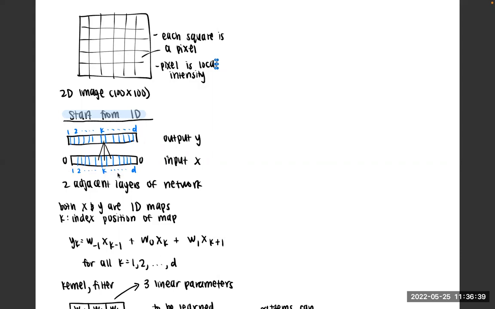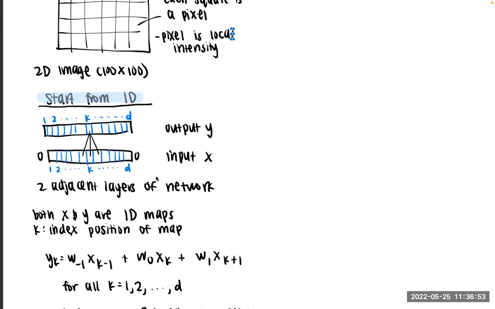Let the input be x and the output be y for this convolutional operation. Here, x and y are just two adjacent layers of the neural network, and they are not necessarily the raw input or raw output.